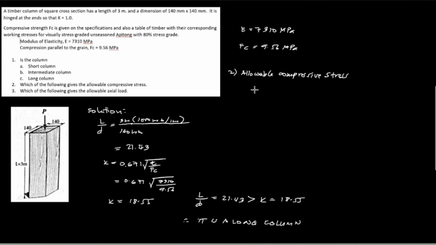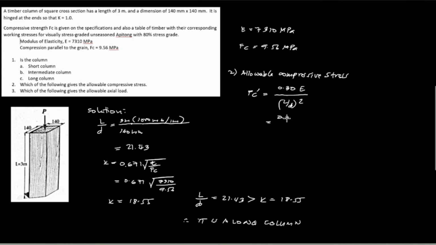And the formula, because it is a long column, we will use the allowable compressive stress formula. F sub C prime is equal to 0.30 E all over L over D, squared.